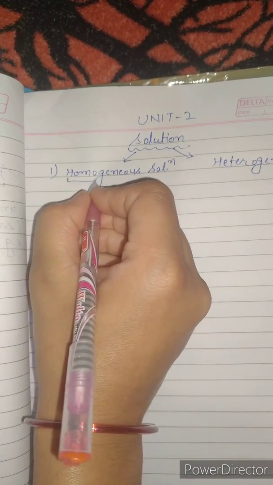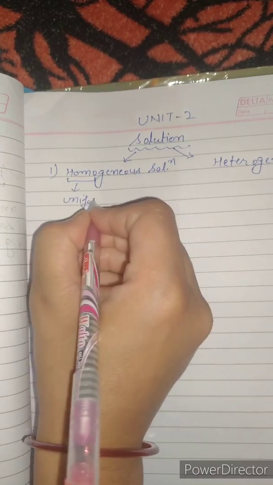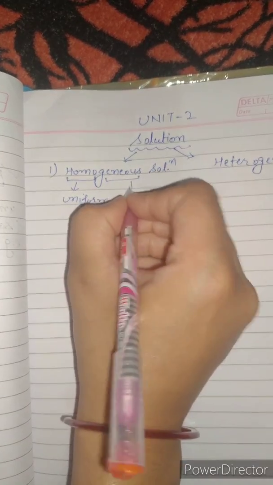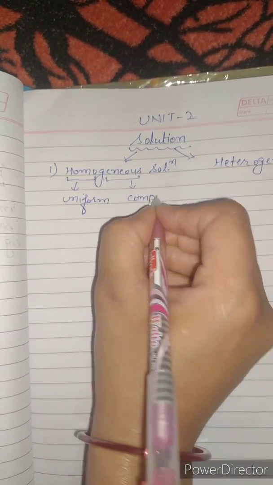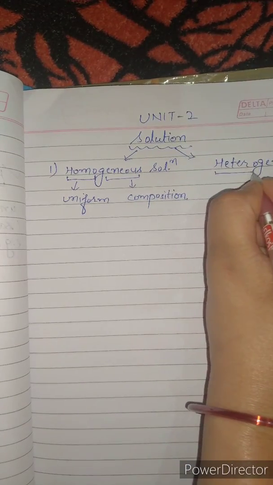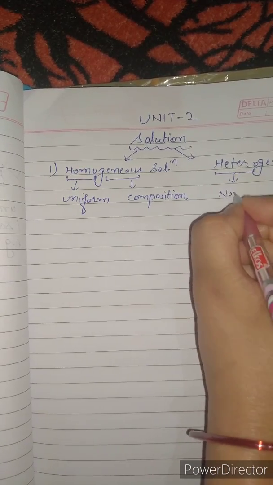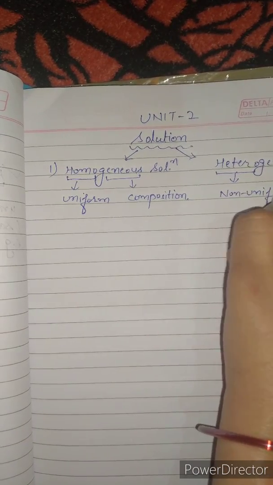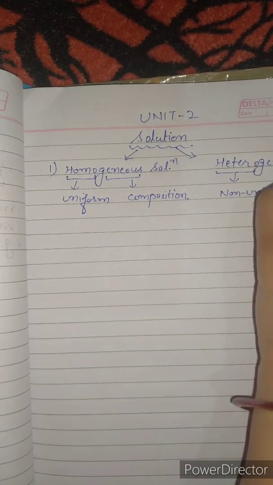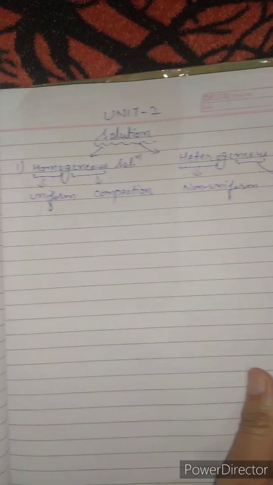As the word indicates, homo means uniform and genus means composition. In the same manner, hetero means non-uniform and genus means composition.